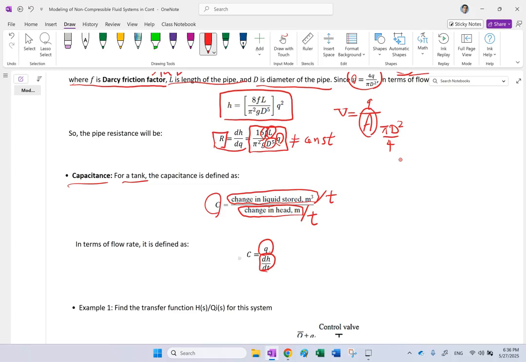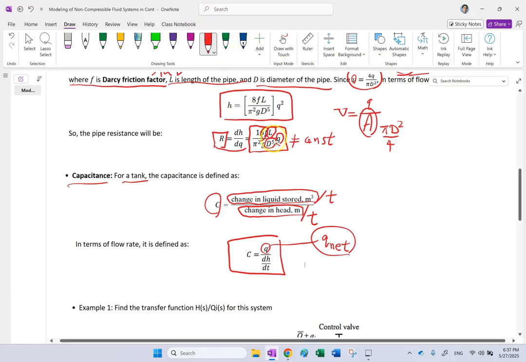So the formula for C is this one: C equals the net flow rate, because a tank can have fluid going inside of it and outside of it. So this is the Q net in the tank divided by the change in the height of the fluid.